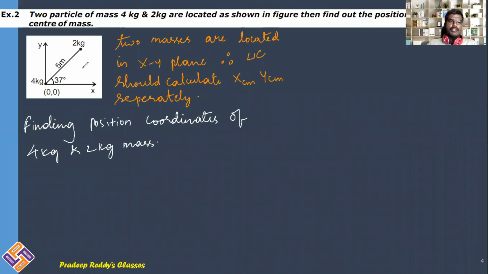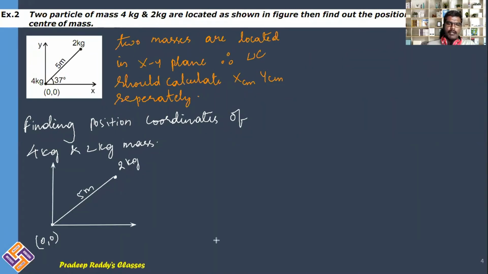So how to find the position coordinates of this 2 kg mass? See, this is the position which is being given, 2 kg, and this length is 5 meter, and this is 0, 0. I want to now find these positions along the x-axis and y-axis.